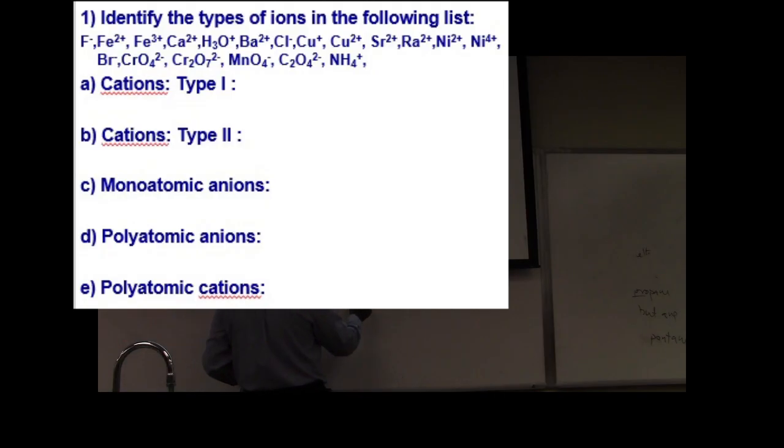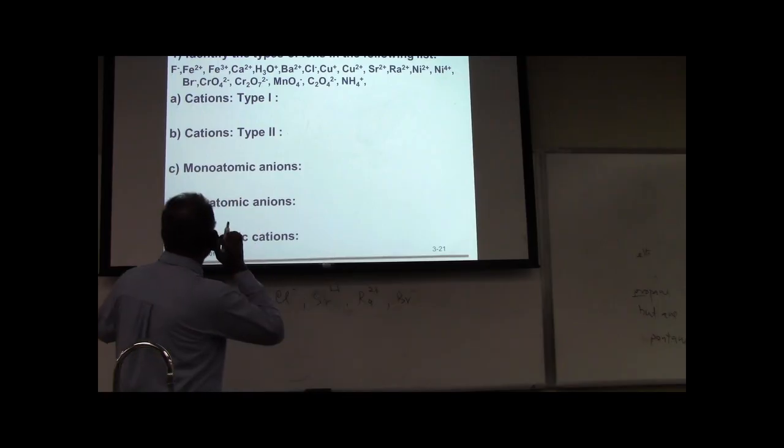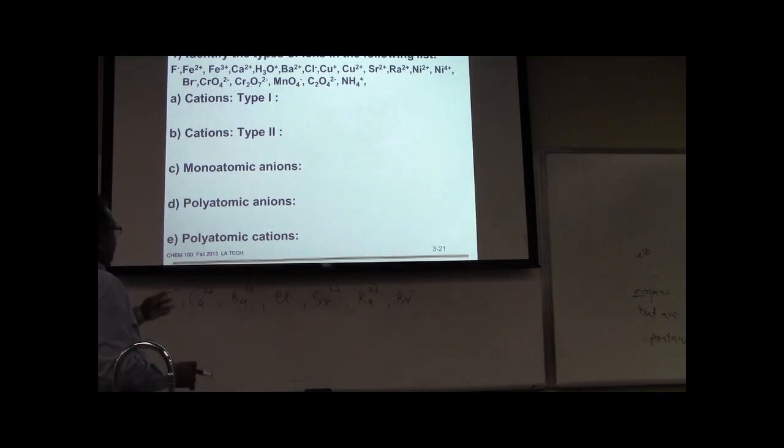Radium? Okay, nickel? No, because it's a type 2. Bromide? Okay. Chromate is a polyatomic ion. We don't talk about any of these. All right? So these are the type 1. Now, A is the answer to that.